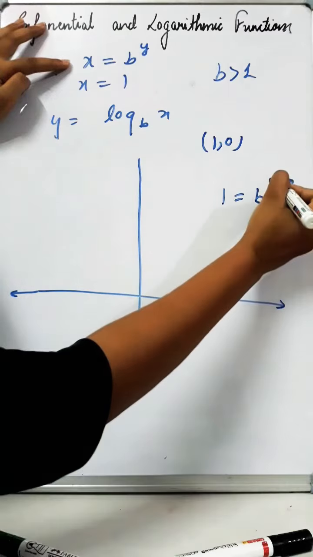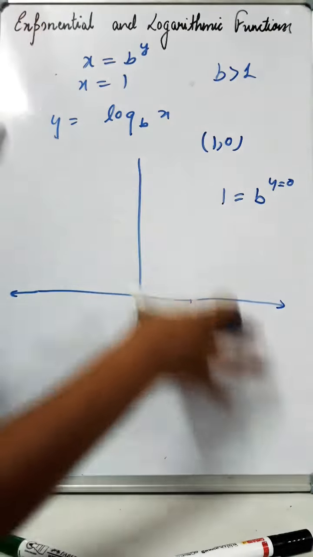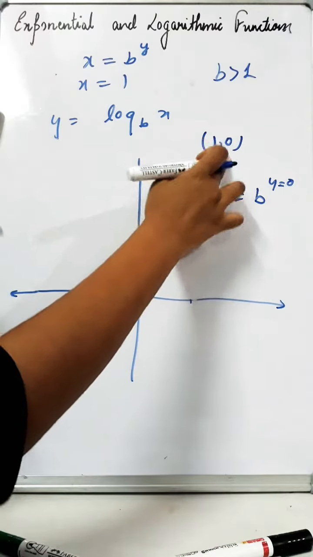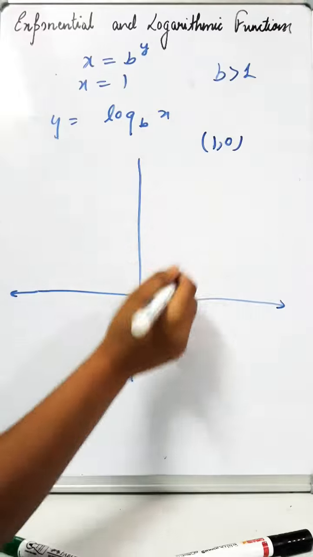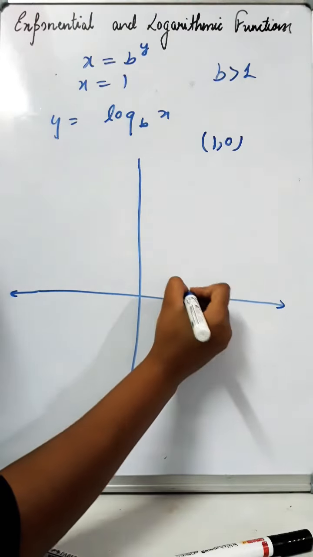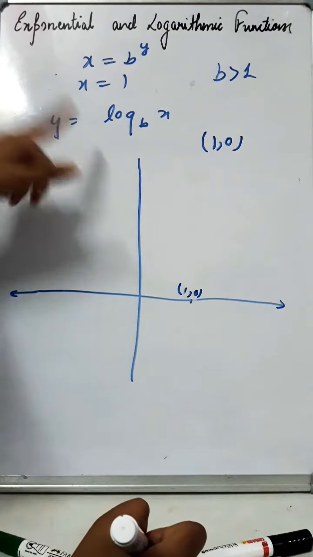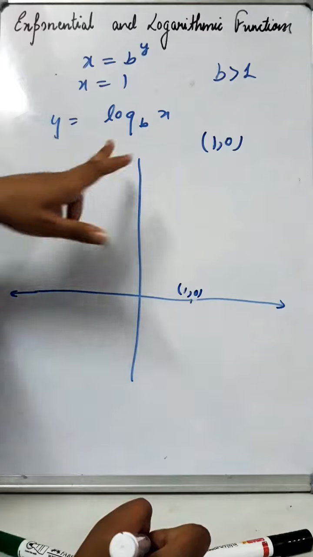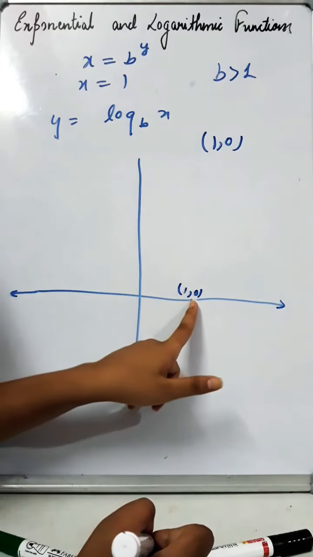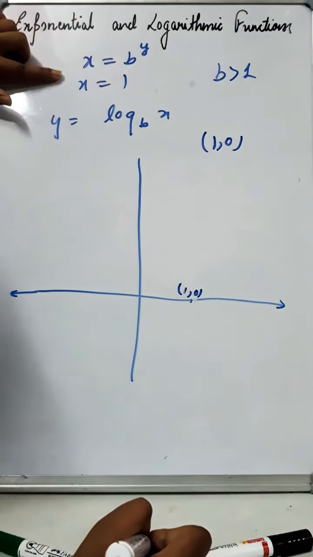This is a fact. So in the graph of log function, point 1, 0 is going to play an important role. So we'll fix this point first of all. 1, 0, and for a fact you know that all the graphs of different log functions, means log functions with different bases, are going to pass through 1, 0, because 1, 0 will universally be here.